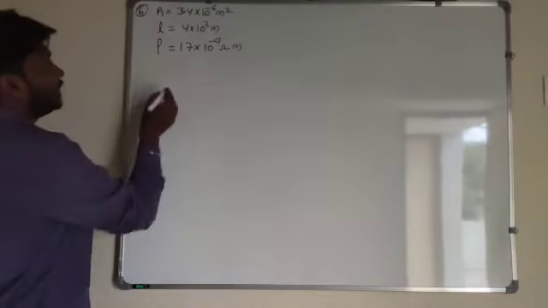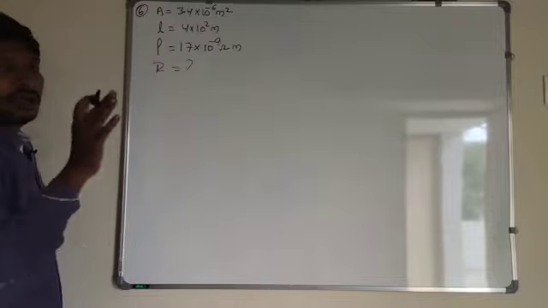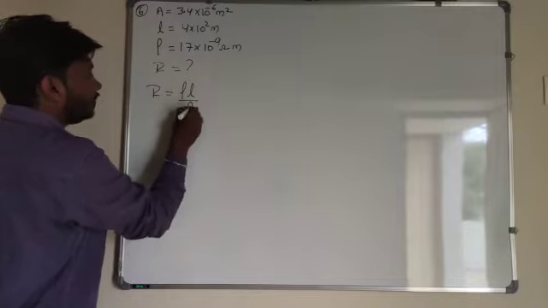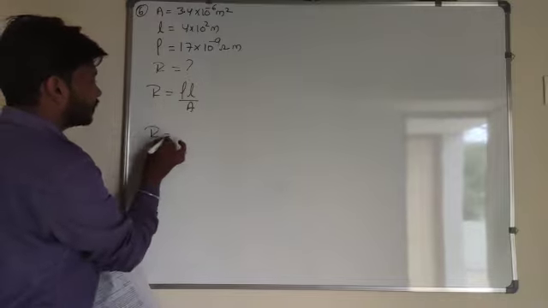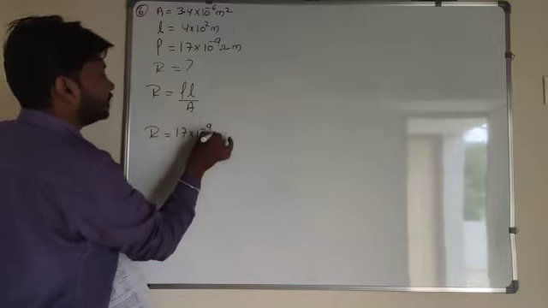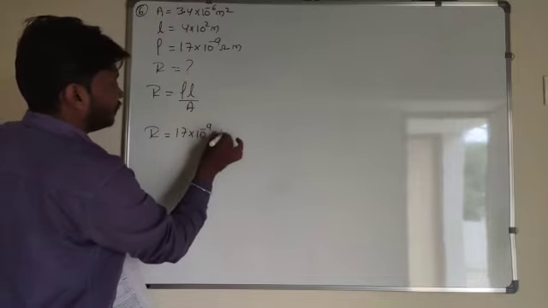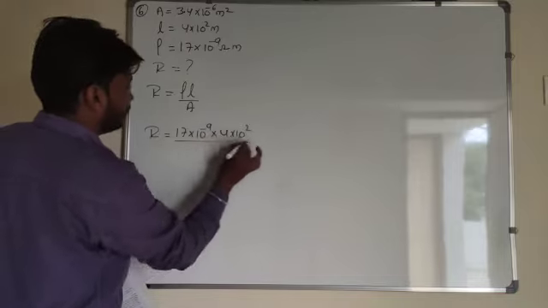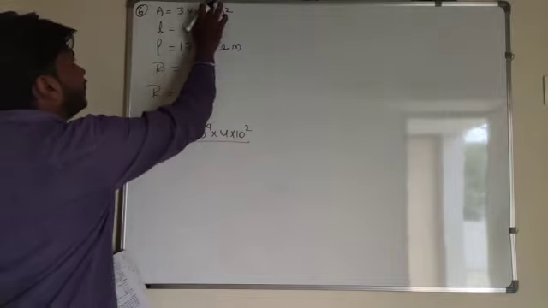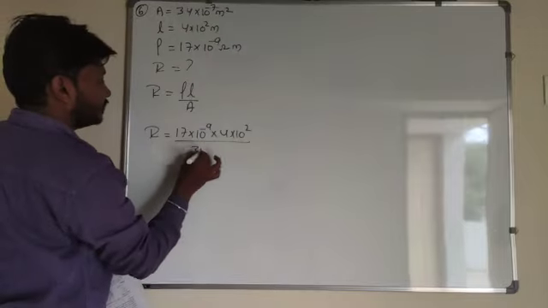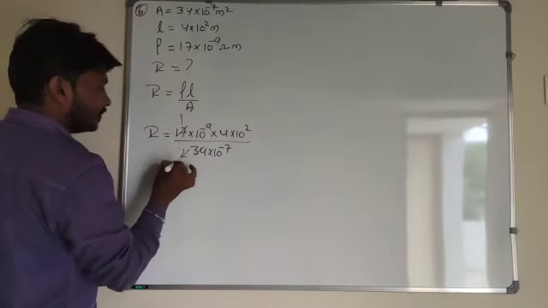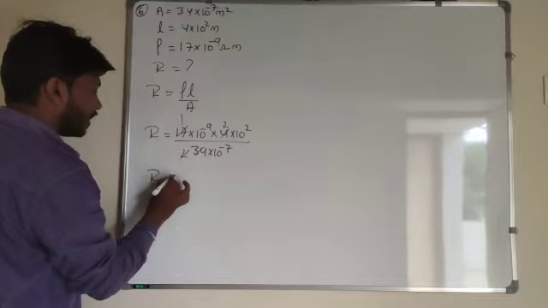Then the resistance of the wire is, so which thing do I need to find out here? Resistance of the wire. What is the connecting formula? R is equal to rho L by A here. So rho means 17 into 10 to the power of minus 9, and L means 4 into 10 to the power of 2, and area value is 3.4, which is 34 into 10 to the power of minus 7 here. 17 ones are 17, 2 ones are 2, 2 2s are 4, so 2.